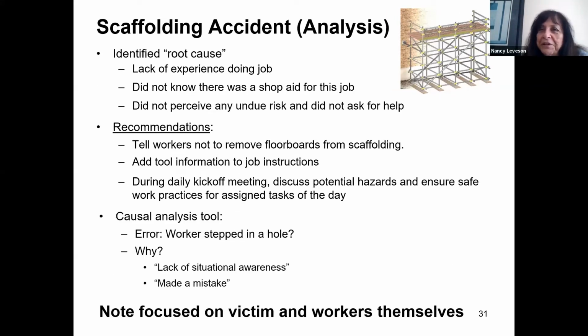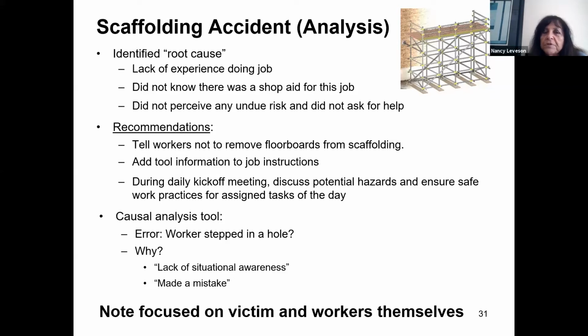Here's the accident analysis. Here's the accident report, and this is what they wrote. They identified the root cause, and there were 3 root causes. The lack of experience in doing the job. So that's the worker's fault. They didn't know there was a shop aid for this job, so they didn't use it.